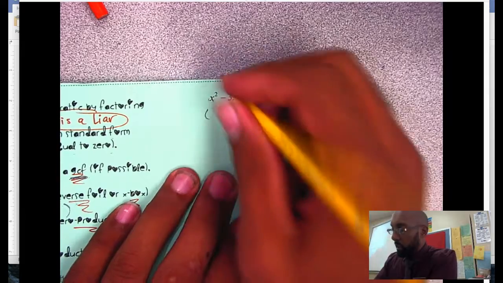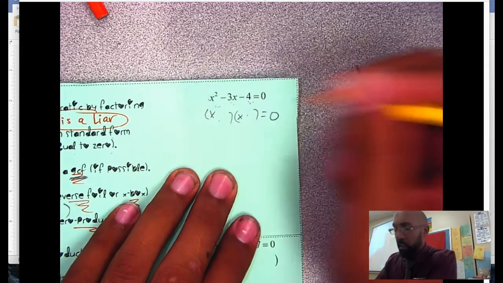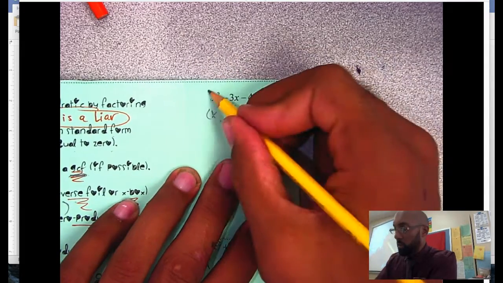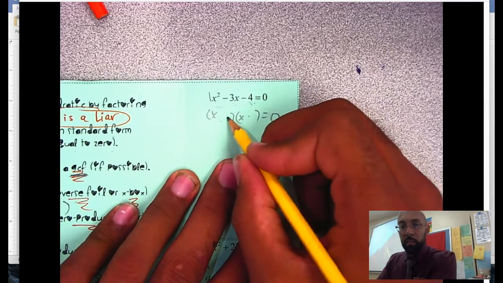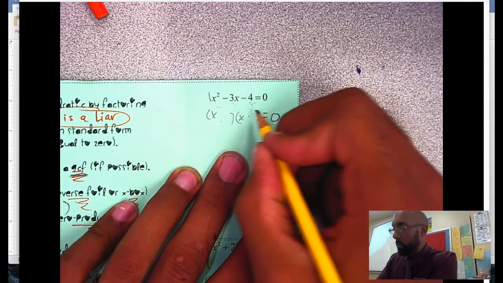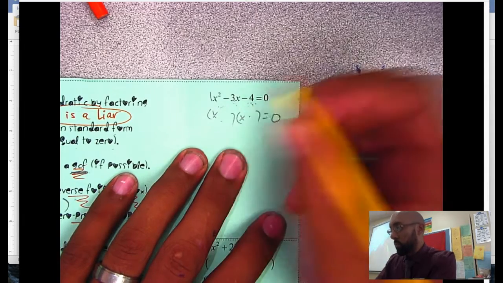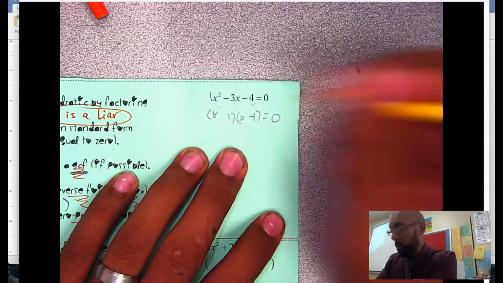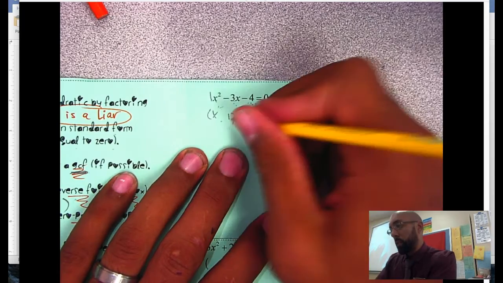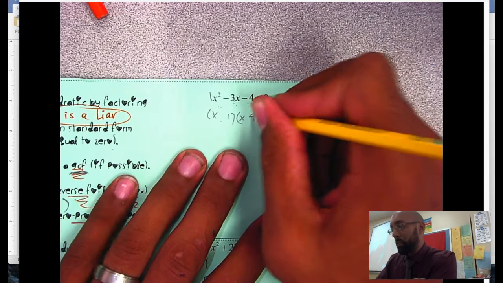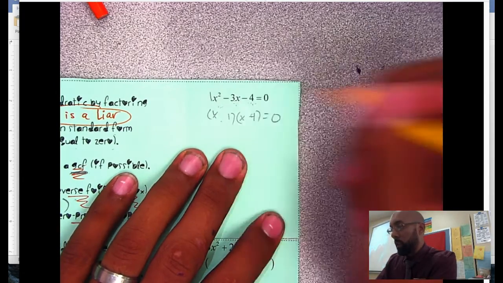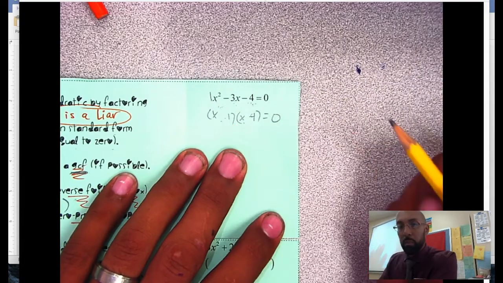Okay, so you could do the quick method. Just put an x and an x here, because I know if this is 1 in the front, I can go straight to this. And what number multiplies to negative 4, but then also adds up to 3? Well, I know 1 and 4, 1 times 4 will make 4, and I can subtract 1 from 4 to get 3, but then which one is negative and which one's plus?